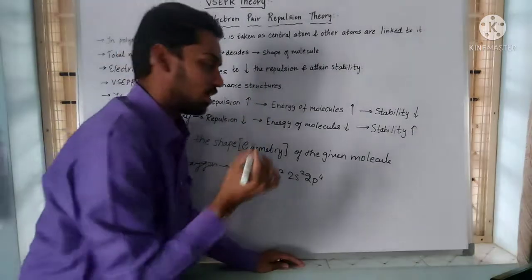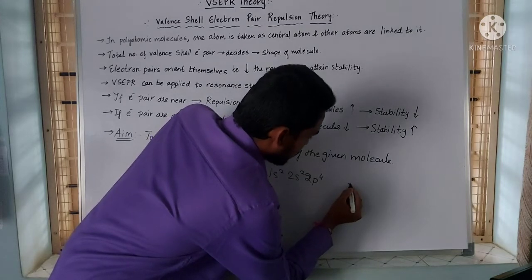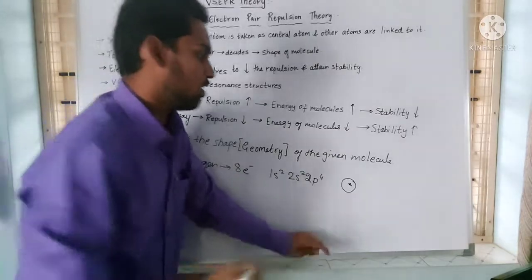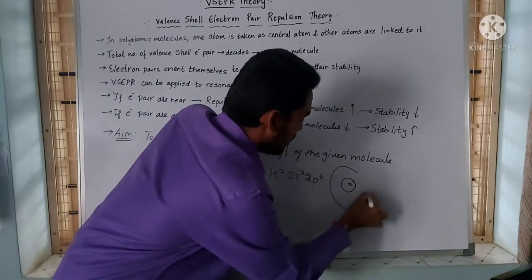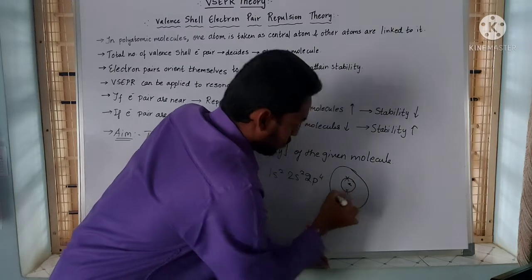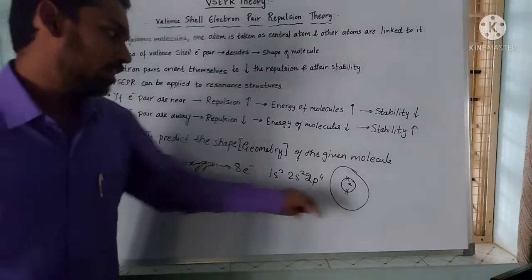When I talk about the valence shell, what is the valence shell? Let me take a nucleus over here. Let this be the K shell and let this be the L shell. The K shell accommodates 2 electrons, so 2 electrons are filled here. Now the remaining 6 electrons, out of 8 I have already filled 2.